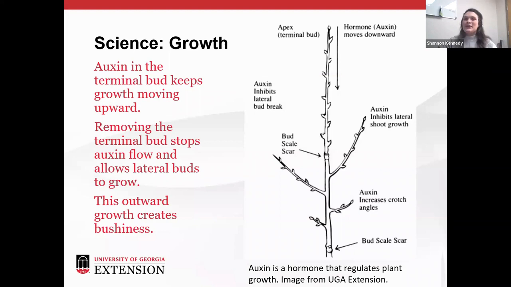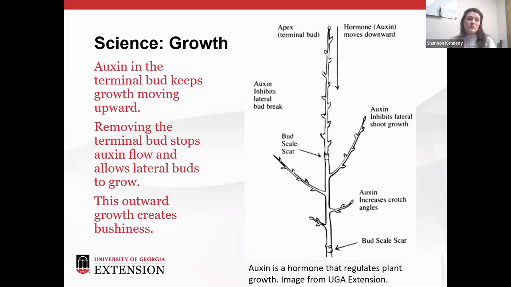As you can tell, that apical bud at the tip of the branch is really important, and as long as it's in place, it will grow tall, right? The plant will continue to stretch up. So if you get rid of that terminal apical bud at the top of the tree, you'll start seeing a bunch of outward growth.